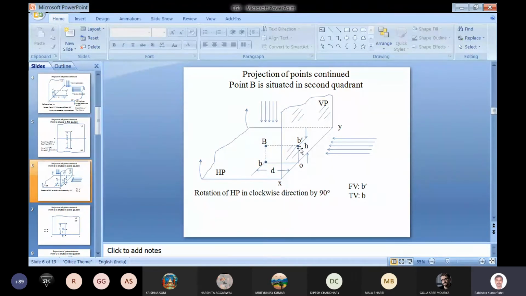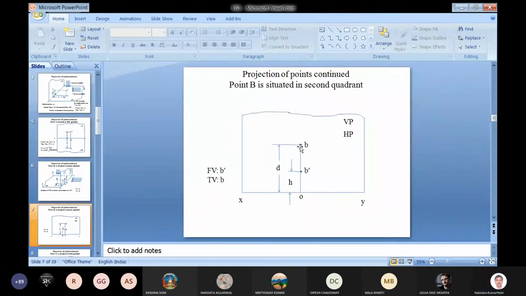Here in this case the distance is more than the height, so we can see it in this way. The distance of the point capital B is shown with the help of the projection onto the horizontal plane, and the projection onto the vertical plane is shown by B dash.